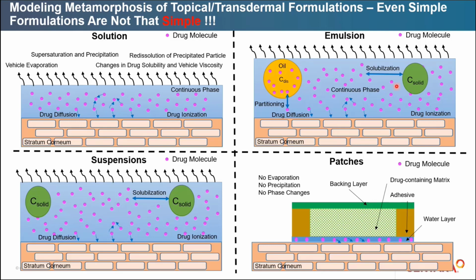We can also model solid particles. So if your drug is present as a suspension or as a solid particle, the dissolution of these particles can be modeled, which then continuously feeds the continuous phase for the drug to get absorbed. So all these processes are needed in order to capture in vivo exposure.